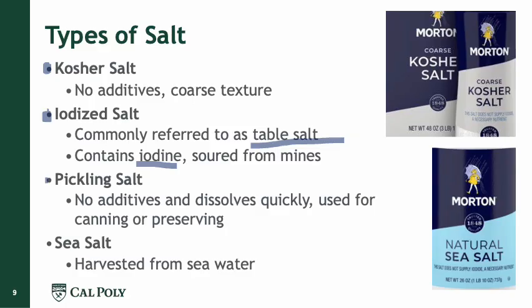Then we have pickling salt, which has no additives and dissolves quickly in water and is used for canning or preserving. Then we have sea salt, which is harvested from seawater, and normally it's used a lot in barbecues, and it also has a coarse texture as compared to table salt, which has a finer grain.